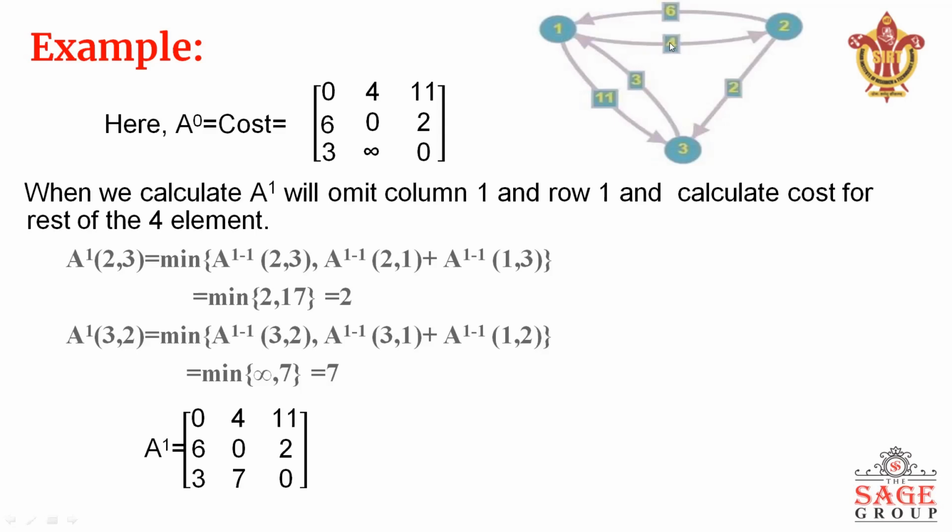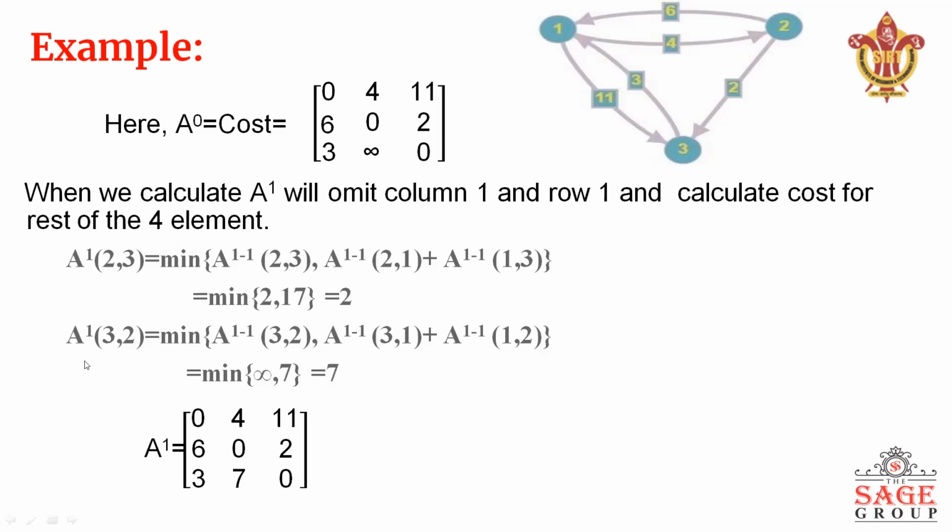The cost of 2,3 at A0 is 2, and the cost using the intermediate vertex is a total of 7. So the minimum is 2, which means there is no change in the previous value of A2,3.